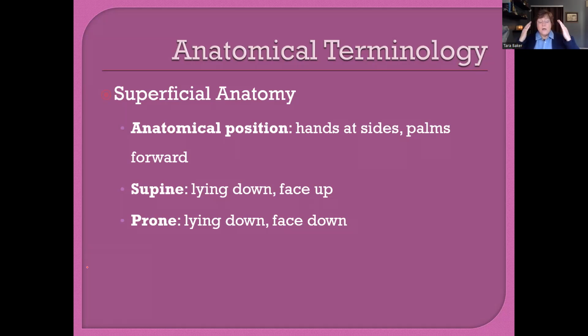Whenever somebody is trying to explain position to you, front or back or up or down or whatever, we're always imagining a body laying on a table, palms forward, palms up, and face up. We're usually talking about it supine. If the body has been turned over, the palms will be down with the body, and this will be a prone position.